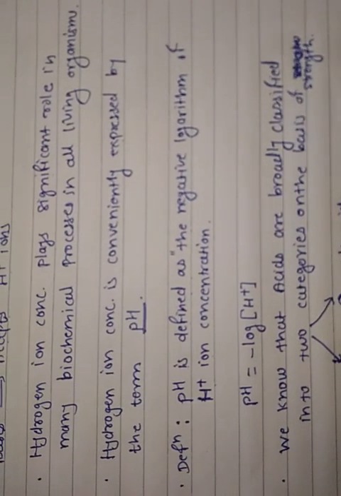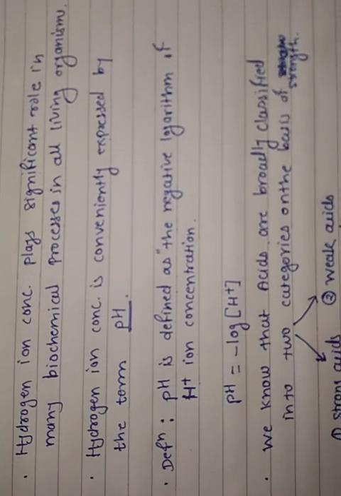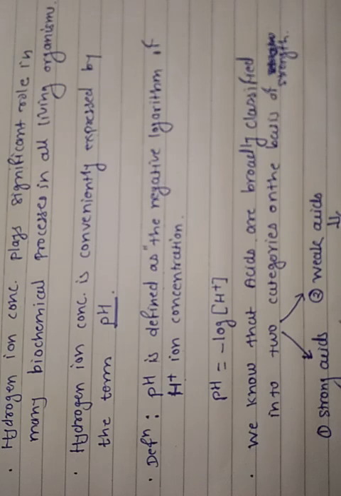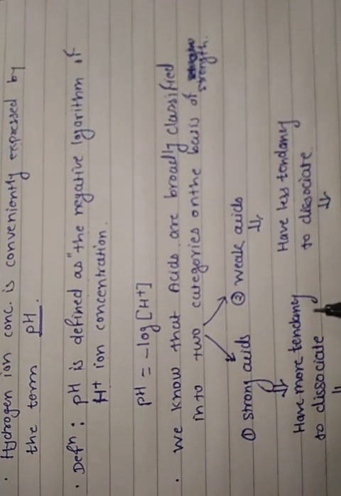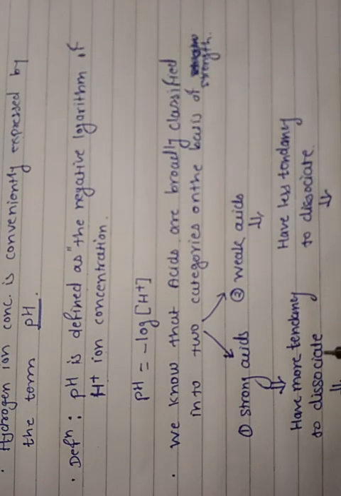We know that acids are broadly classified into two main categories: strong acids and weak acids. Strong acids have more tendency to dissociate, while weak acids have less tendency to dissociate.